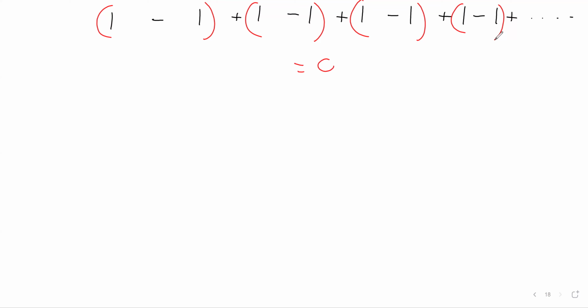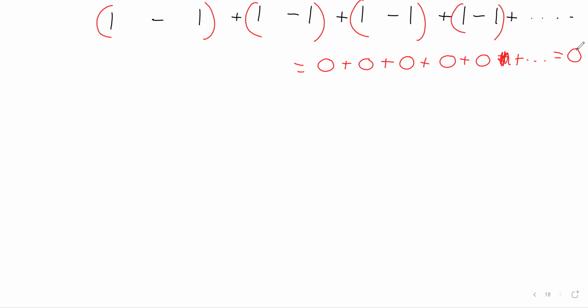And now it seems clear that if we have a 0 added to itself a bunch of times, the result ought to be 0. 0 plus anything is 0.